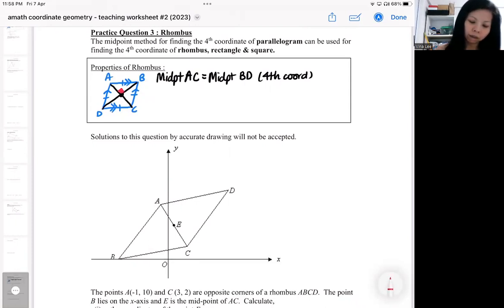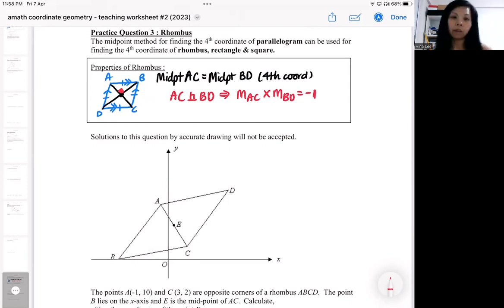Because if the diagonals cut at 90, it means that the diagonals are perpendicular. It also means that the product of the gradients will be equal to -1. So that is very important for a rhombus. The question expects you to know this. They can just draw it, but they will not tell you that it's a 90 degree angle. So it's part of what you are expected to know.